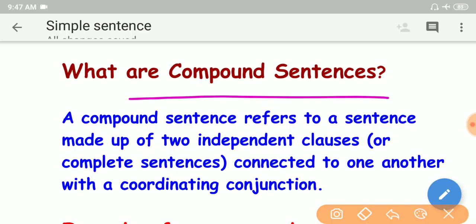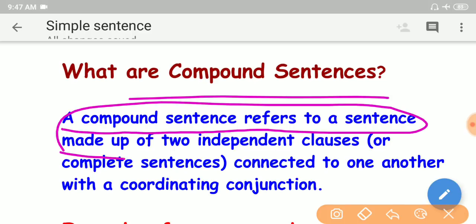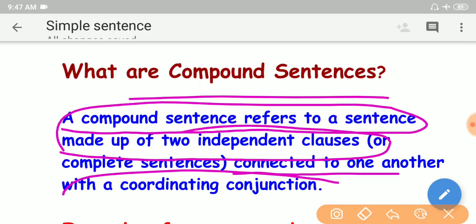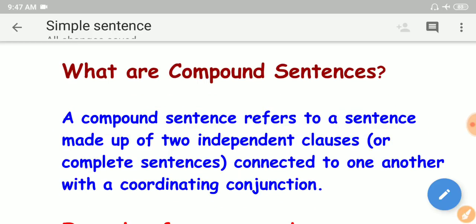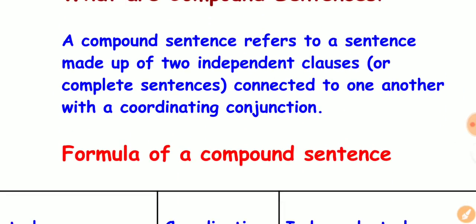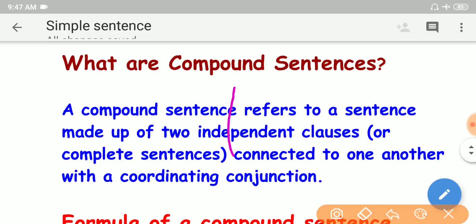Here, what are compound sentences? Compound sentences refer to a sentence made up of two independent clauses. Complex is one independent, one dependent. Compound is two independent clauses connected to one another with a coordinating conjunction. So what are the coordinating conjunctions? You might have learned them in conjunctions.